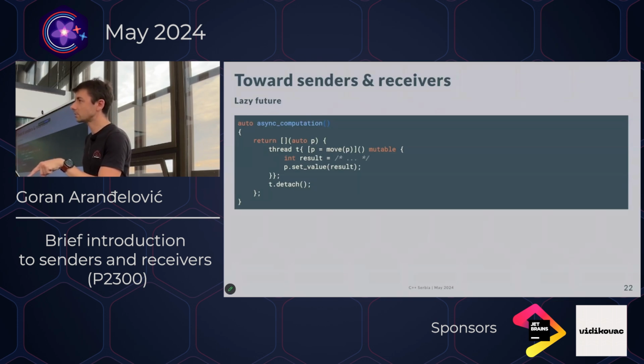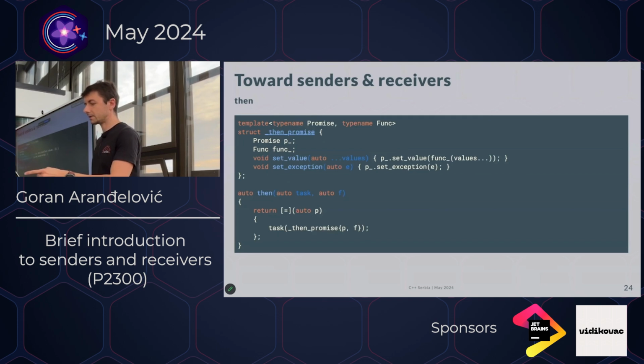What do we pass to this lambda? We pass a promise, because we need some object to call set value on, okay? And here we call it then promise, right? And what do we do here? We provide, in this simple example, two functions, set value and set exception, for example, for the happy and unhappy path.